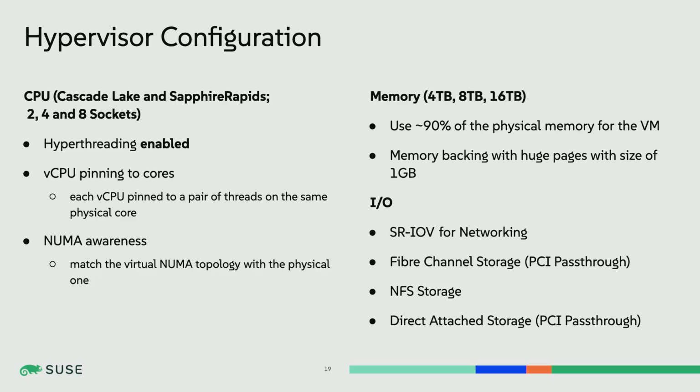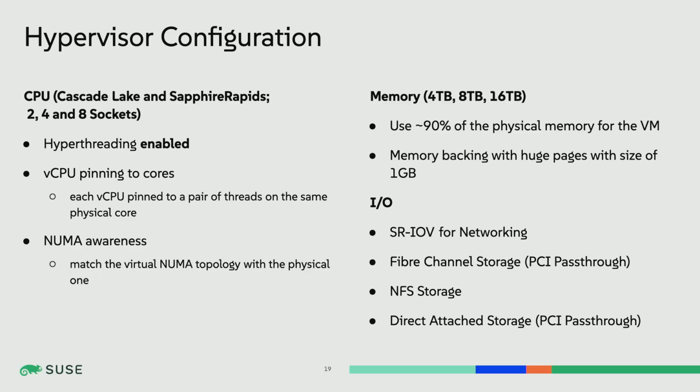The real number is currently closer to 92%. That can be used for virtual machines on top of the hypervisor. We are backing the memory of the virtual machines with huge pages of the size of 1 gigabyte.